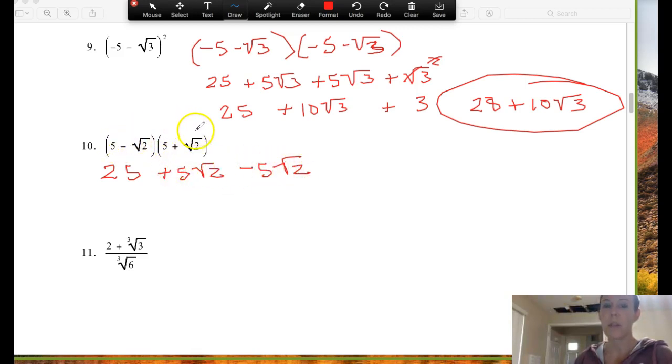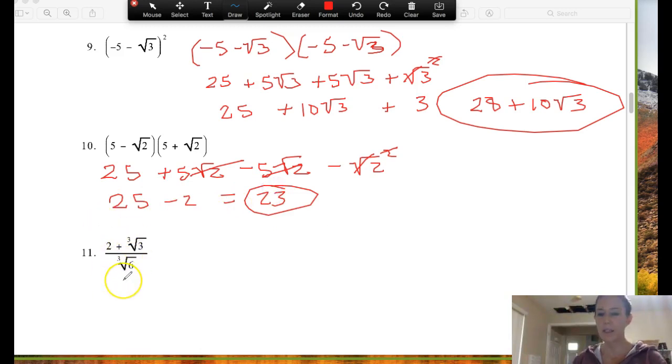And then negative root 2 times negative root 2 will be negative root 2 squared, and just this part is squared, not the negative. So we've got 25, and then 5 root 2 minus 5 root 2 is 0. And then negative the root 2 squared, the square and the square root cancel, and you just get minus 2. 25 minus 2 is 23, and you're finished.